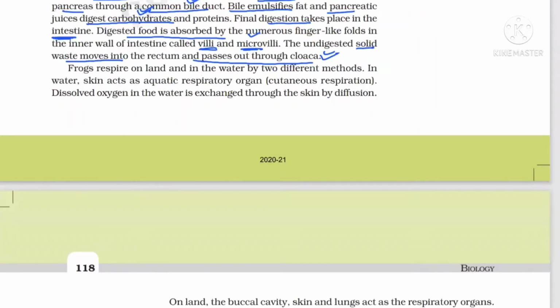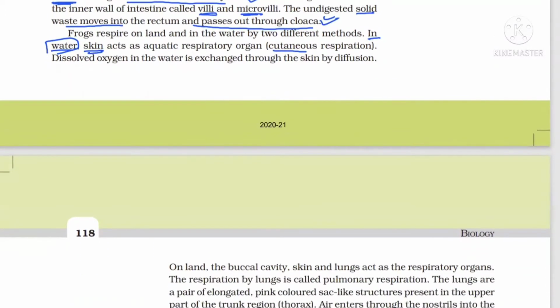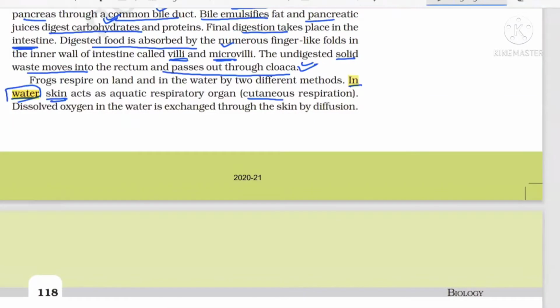Now, respiration. If it is in water, the skin acts as a respiratory organ, cutaneous respiration. If it is on land, the buccal cavity, skin, and lungs.